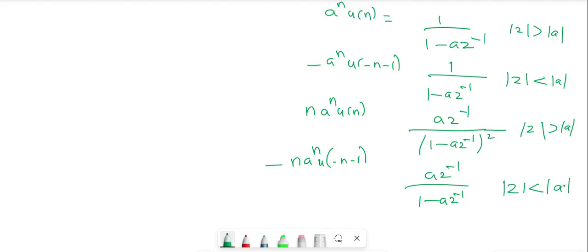In one more session we will discuss the inverse Z transform using the partial fraction method. We can conclude with this in this session.